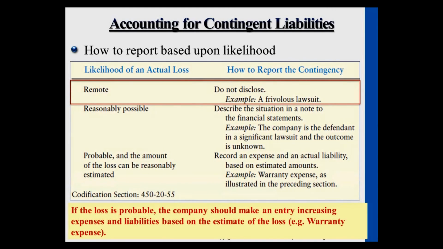If it's a remote liability, the company basically does not have to record or disclose anything on the statements. For example, if your company is involved in a very trivial lawsuit, sued by another company or client on some situations or facts they claim, but it didn't really happen.